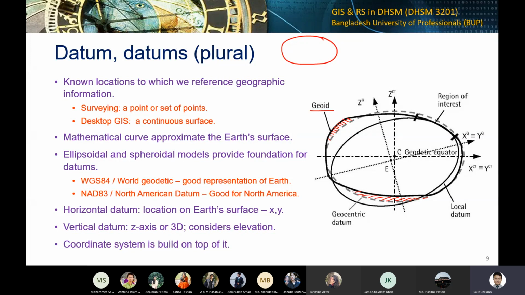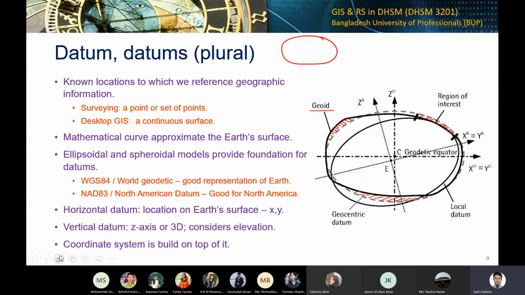Now, for example, if we look into this and just imagine that this is USA, we might find that this surface is not matching the geocentric datum, and the geoid has some mismatch at this point.